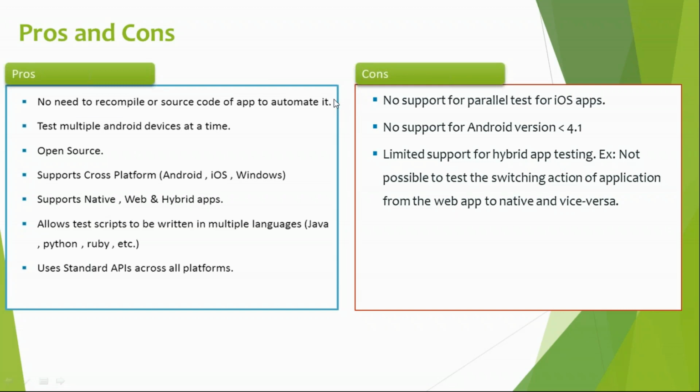Then you can write in your desired programming language. Then there is the standard API. Let's say if you want to find an element, driver.findElement, then you have the By class. In the By class, what are the options you have to find a web element? In Selenium, what are the By class methods to identify?